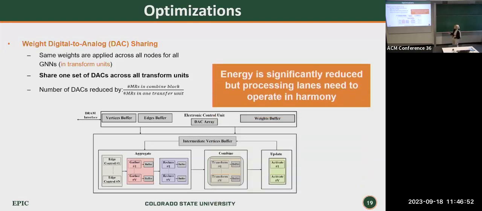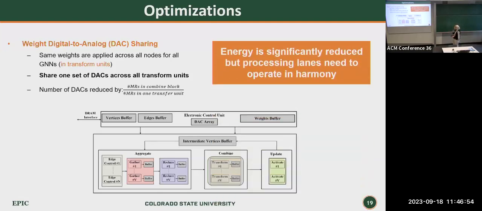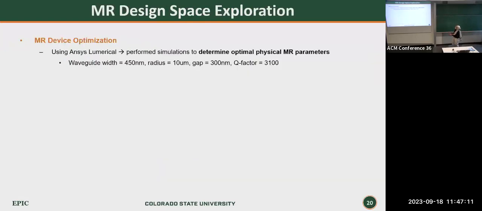This significantly reduces the energy. I don't think I mentioned this, but DACs are one of the main bottlenecks with the silicon photonic devices. So reducing their number reduces the energy. However, this would dictate that we would need all processing lanes to be operating in harmony, which can be managed.